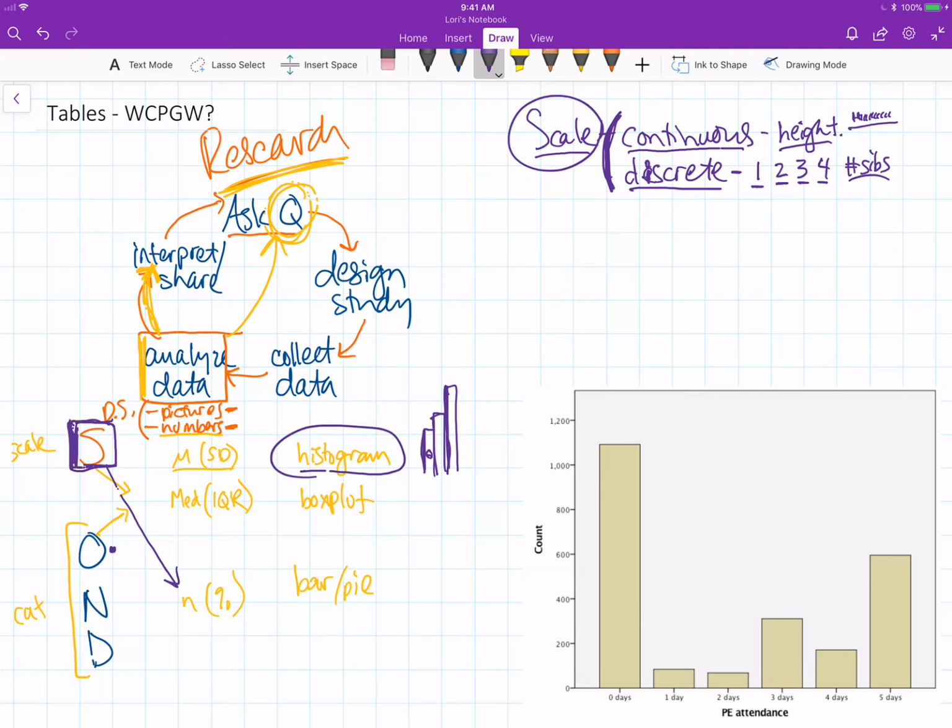If we have very few categories and it's not normally distributed, for example, and we'll see an example of this, then if we try to calculate the median and interquartile range and create a box plot, we end up with some problems.